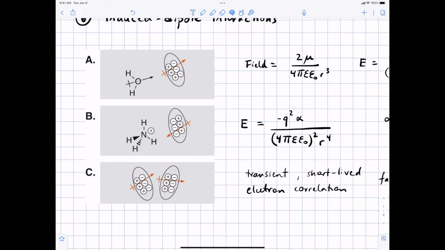All right, what is an induced dipole? Well, the idea is that the electron density around a molecule is polarizable and can adjust itself in real time to accommodate charges surrounding that molecule.